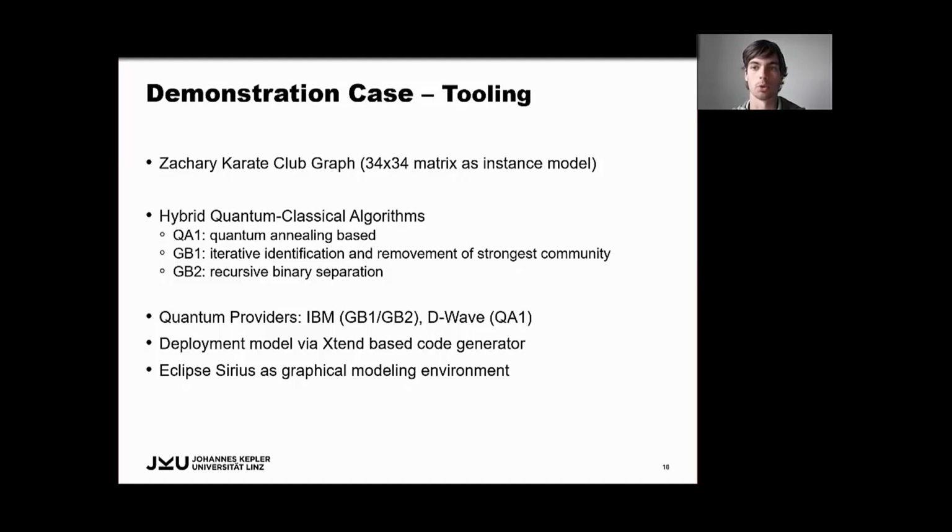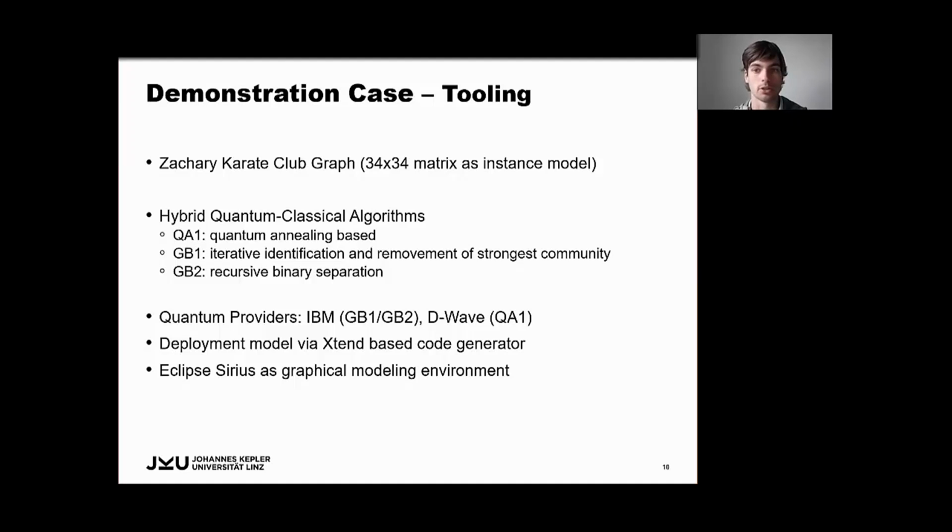So the GB1 just iteratively finds the strongest community within a graph, removes this community and stores it. And this procedure is just repeated until there is no more community left. And the GB2 is just a recursive bipartition of the original graph.